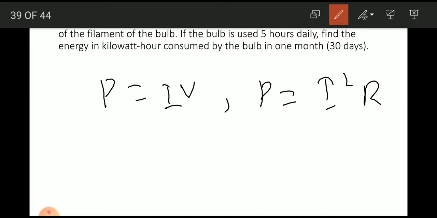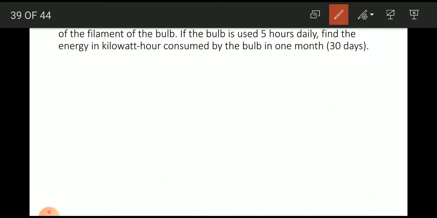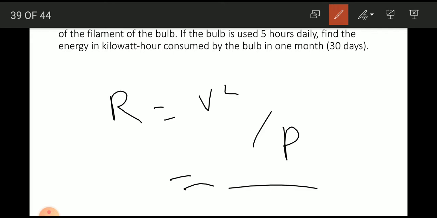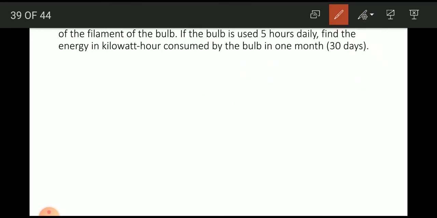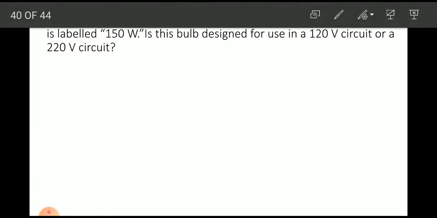So we will write I is equal to V divided by R. So P is equal to V into V divided by R. So R is equal to V square divided by P. You will get the resistance. Now the last numerical, the rest are not included in your syllabus.